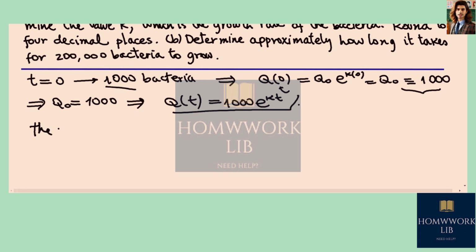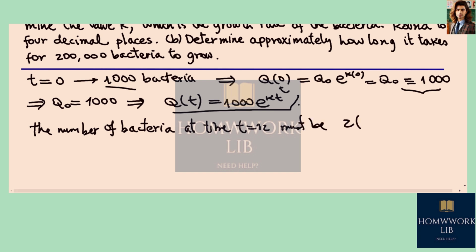So the number of bacteria at time t equal 12 must be 2 times 1000, that is 2000, because it doubles its number after 12 hours. So q of 12 equals 2000.